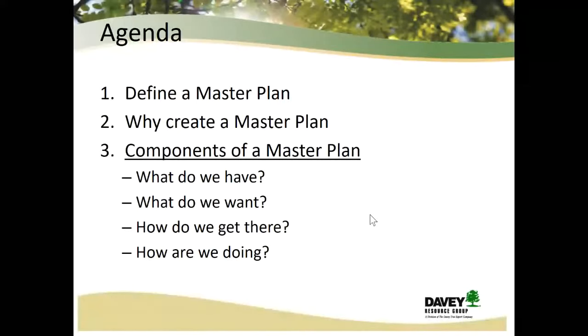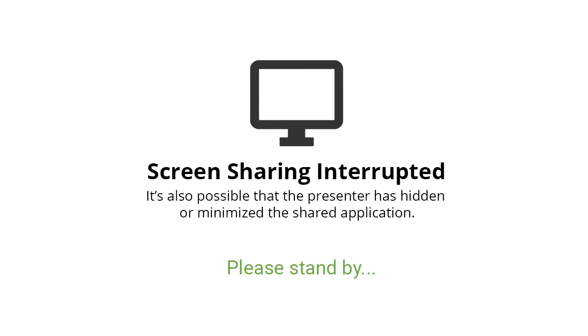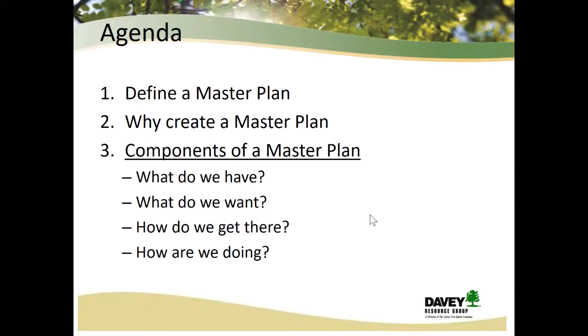The reason I ask that is to understand your urban forest. Some people want to obsess over what we have out there, but the master plan can be a really good opportunity to help you figure out what you have. You don't have to have a complete tree inventory or a complete urban tree canopy analysis to do a master plan.